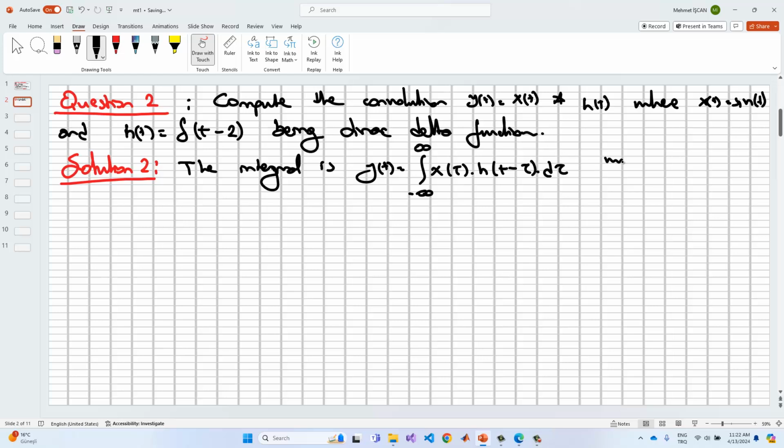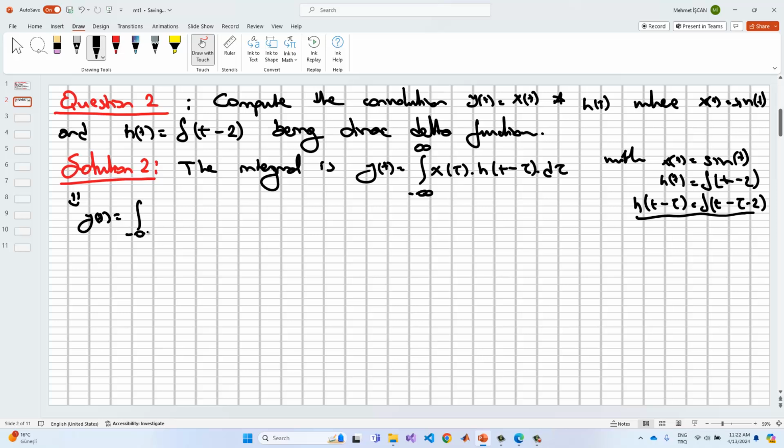We know that x(t) is sin(t) and h(t) is the Dirac delta of t minus 2. But remember that we have t minus tau here, so h(t minus tau) is the Dirac delta of t minus tau minus 2. This is important.